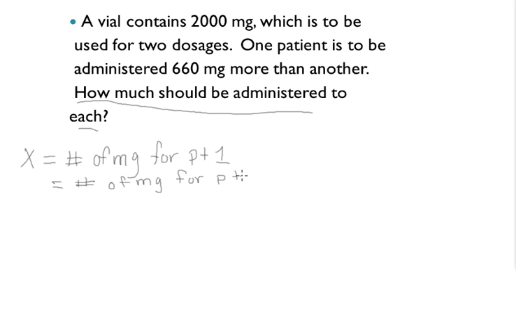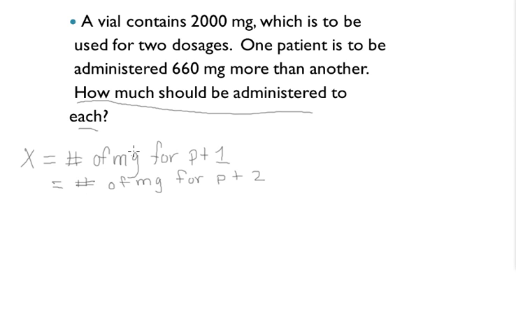This is where it's tempting to use a different variable and let this be y, but we don't want to do that. We want to set up our entire problem using only one variable because we've only learned to solve equations with one variable. This is where I need to look for a relationship.